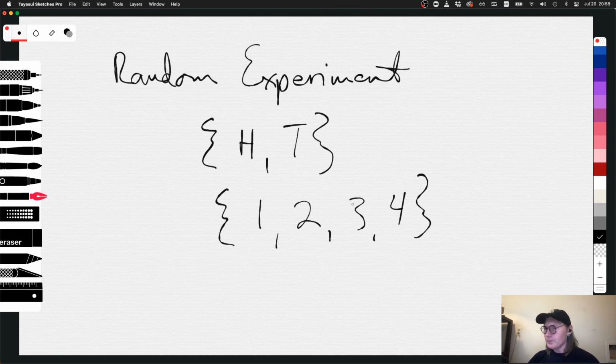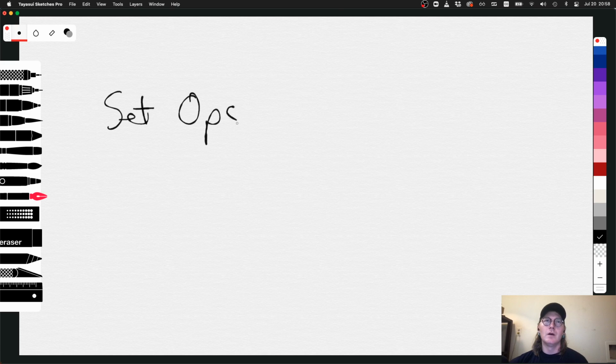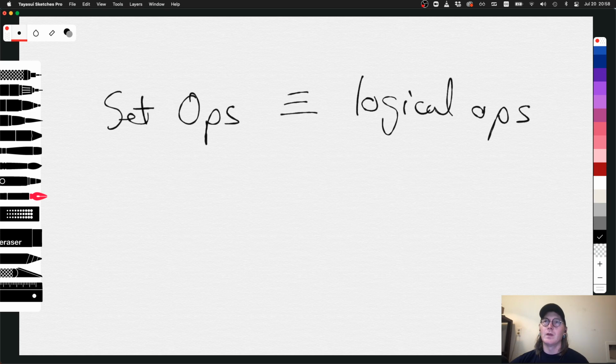And there are a number of operations in sets, and I'm going to focus on this a little bit. Set operations are going to be equivalent for us to logical operations. We've been using logical operations.